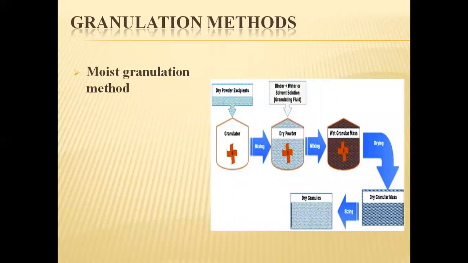The first granulation technique we are going to discuss over here is moist granulation method. It is also known as wet granulation method or wet granulation technique. As the name indicates, the involvement of moisture is there in moist granulation method.